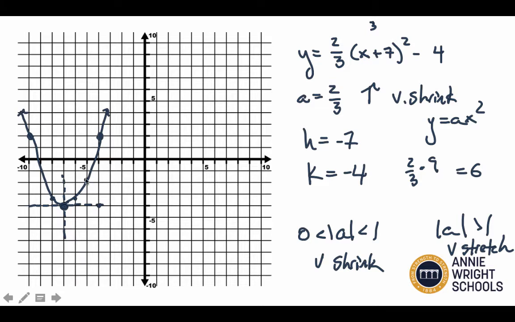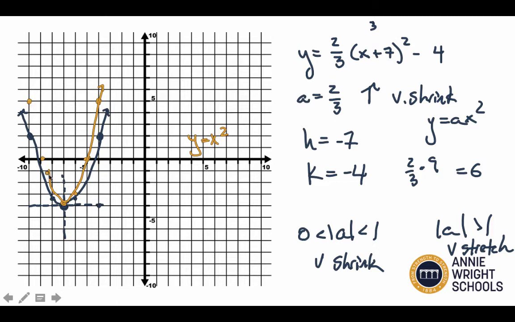Good? If I were to superimpose the graph y equals x squared from that same vertex, over 1, up 1, over 2, up 1, 2, 3, 4, over 3, up 9, I hope you can see that it is vertically stretched.